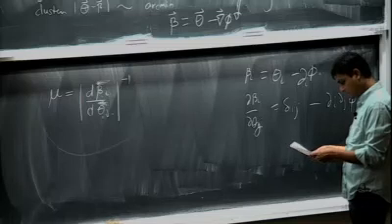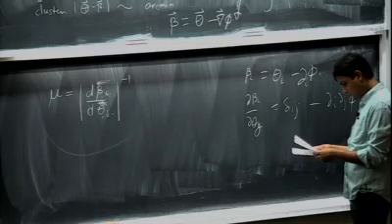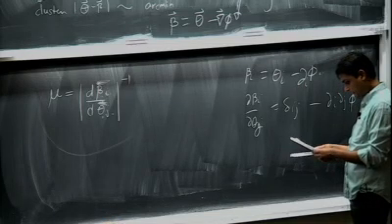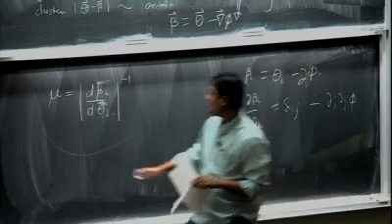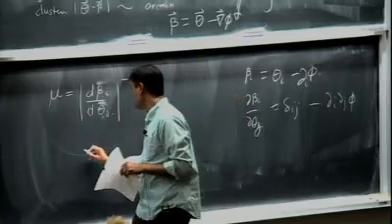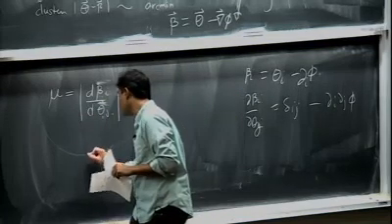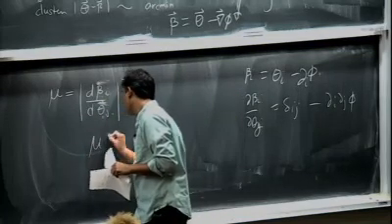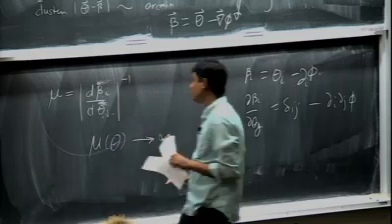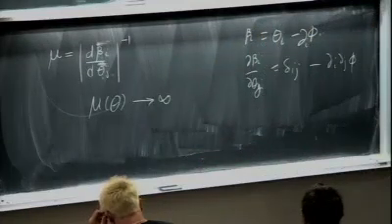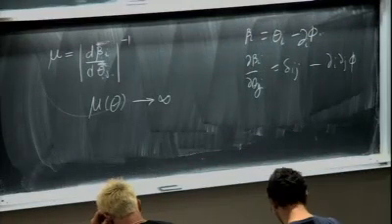Let's see if I can do this quickly for a point lens. So when you look at this, you will find that there are certain places for which mu of theta formally becomes infinite. Okay.